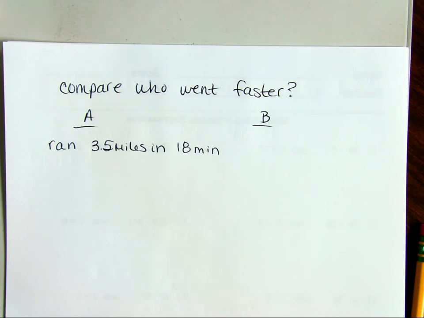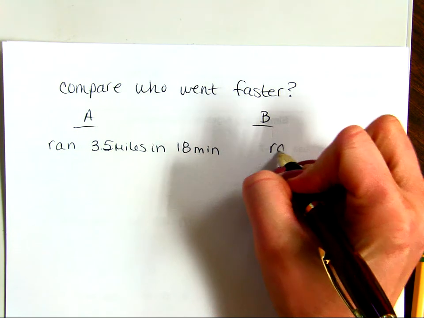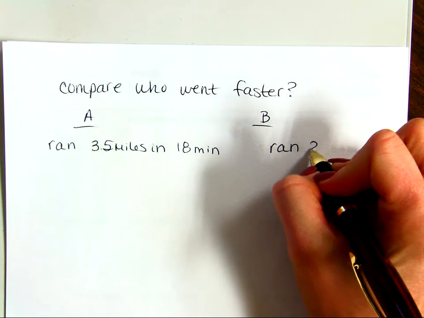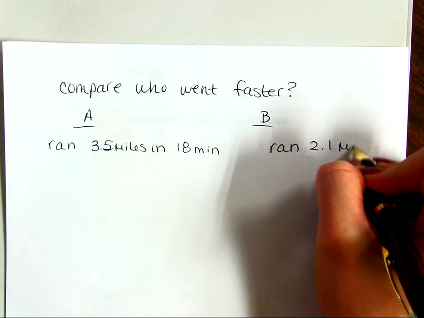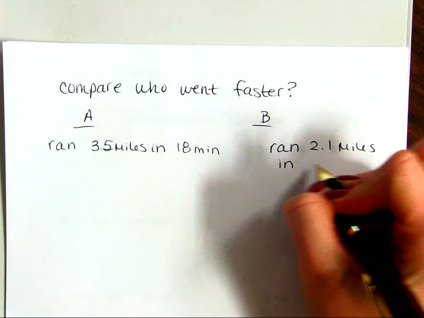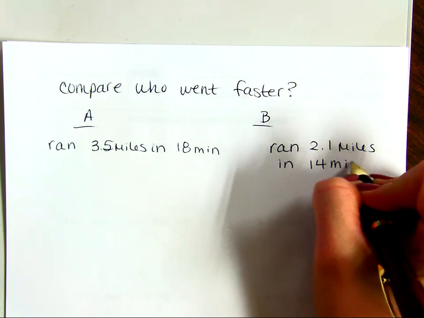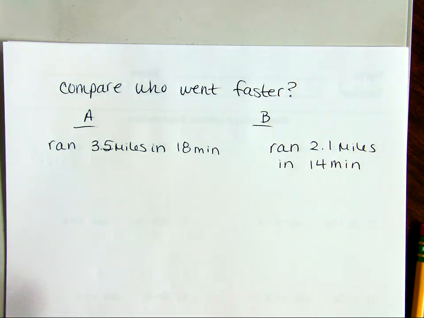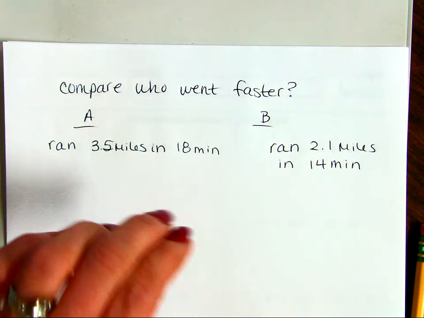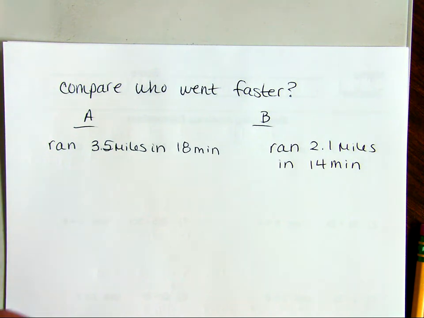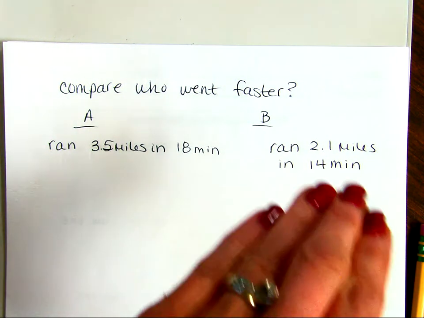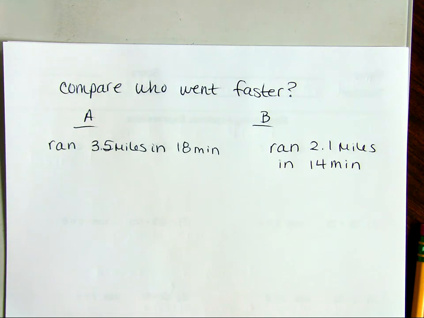Person B ran 2.1 miles in 14 minutes. Okay? Yeah, I know person A ran more time and more distance, obviously. Person B ran less time and less distance, but who ran faster? Okay? So I'm comparing.